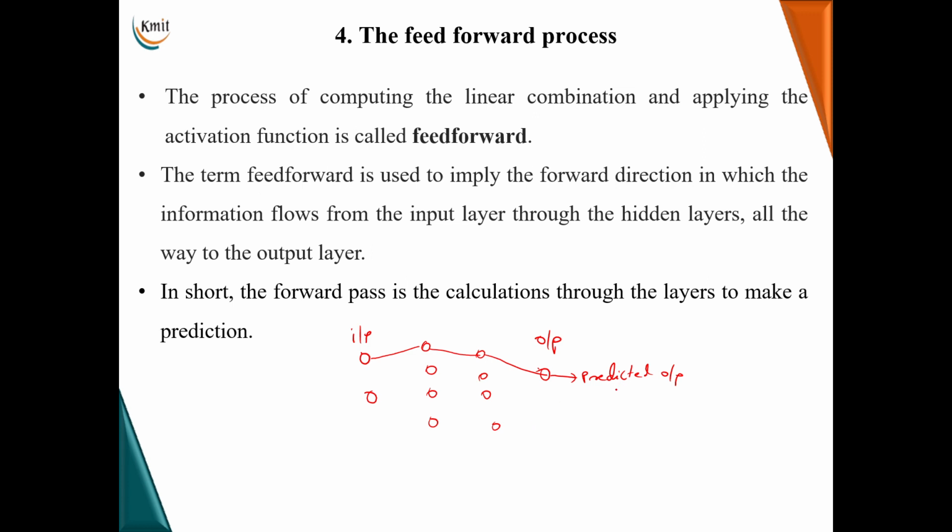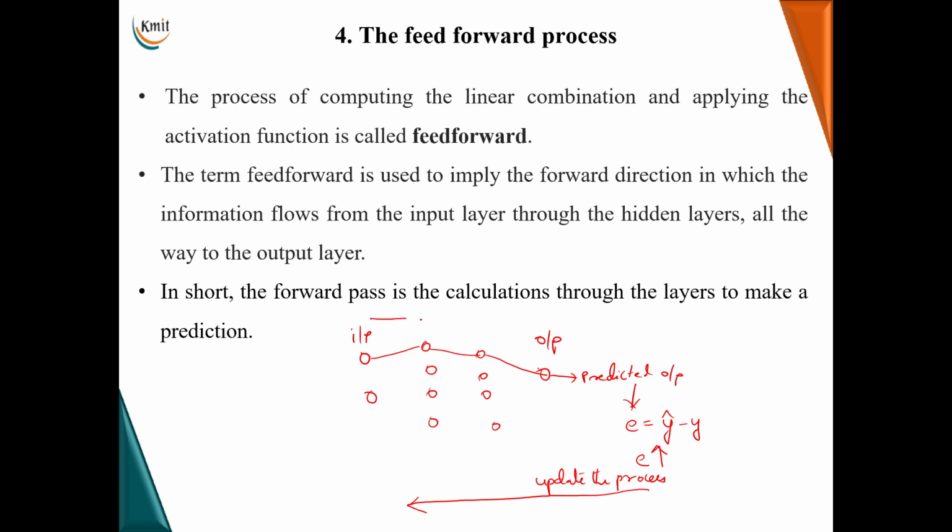This is called the feed forward process. Once the output is predicted, I calculate the error by subtracting the predicted value from the true value, and if this error is found to be high, I'll do the back propagation algorithm where I will update the weights and repeat the feed forward pass.